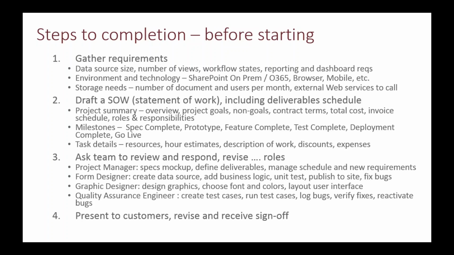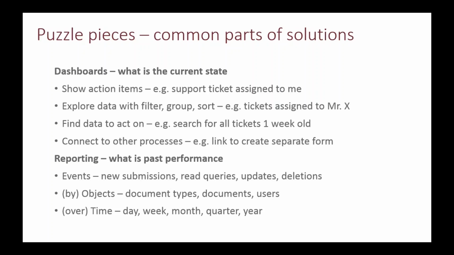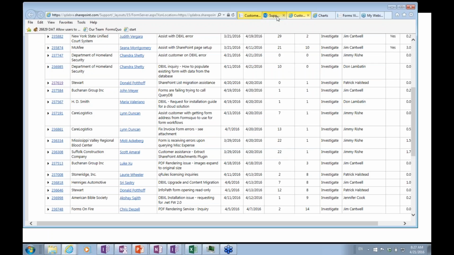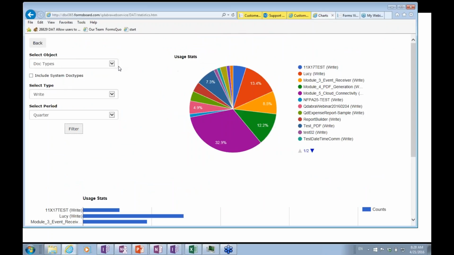Before I continue, there's one more thing we often talk about: reporting. Reporting is really critical, and I'm going to show you a report here. Typically with reporting, you're looking at how often things changed over the last day, the last month, the last week.